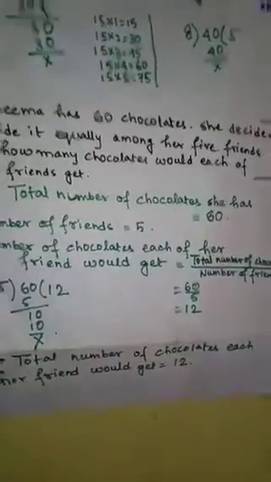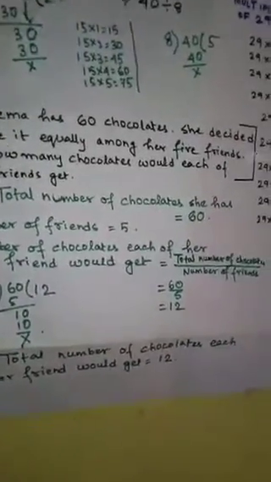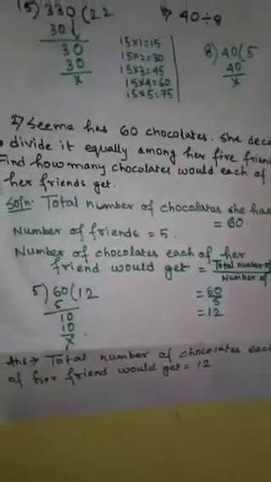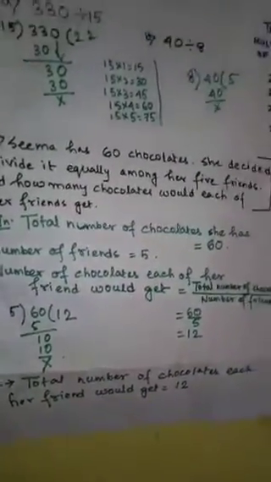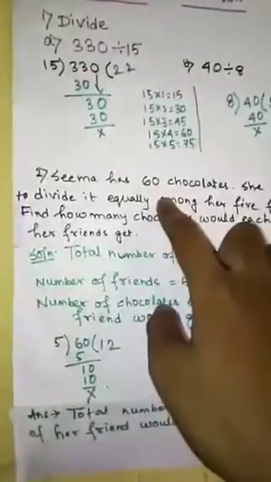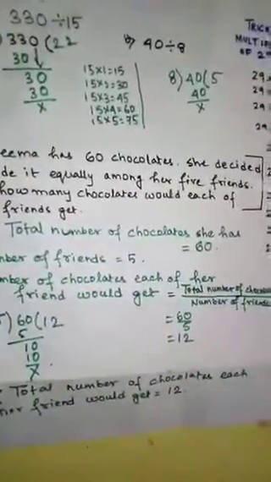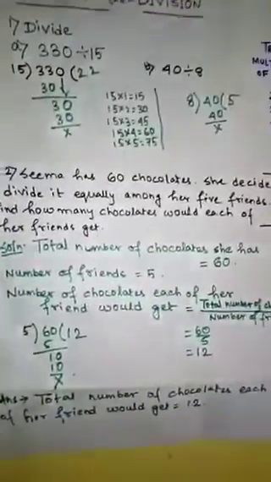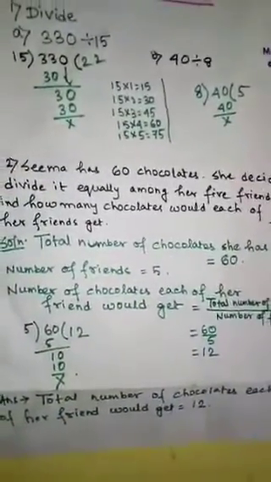So basically before starting this question, you have already got a notion or an idea in your mind that very easily you can do that by dividing the given value of chocolates by the number of friends she wants to distribute them to. Now first you will write the total number of chocolates she has is equal to 60.